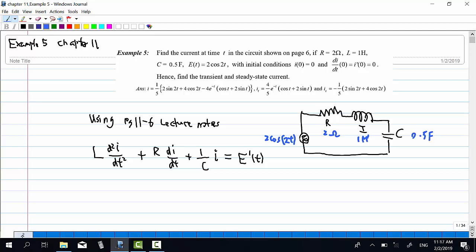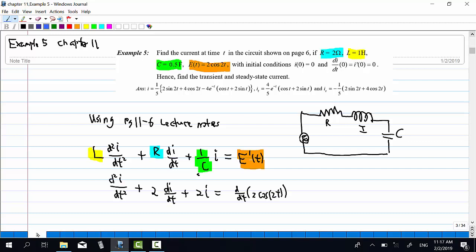Substituting all the parameters, L is 1 Henry, resistance is 2 ohms, capacitor is 0.5 farad, and E is 2 cosine 2t. You get d2i/dt² plus 2 di/dt plus 2i, because 1 over 0.5 is 2, equal to differentiation of 2 cosine 2t.